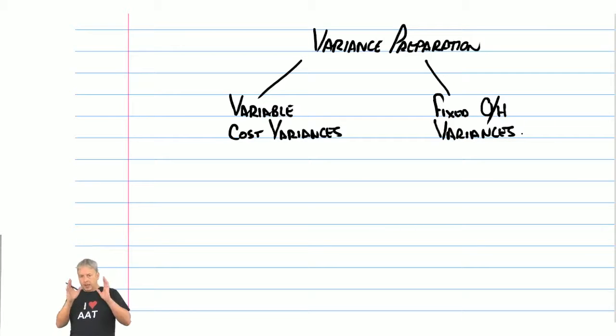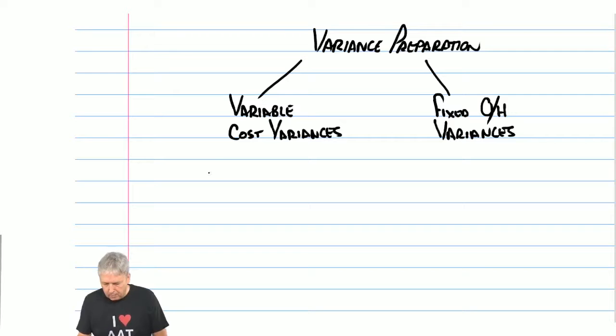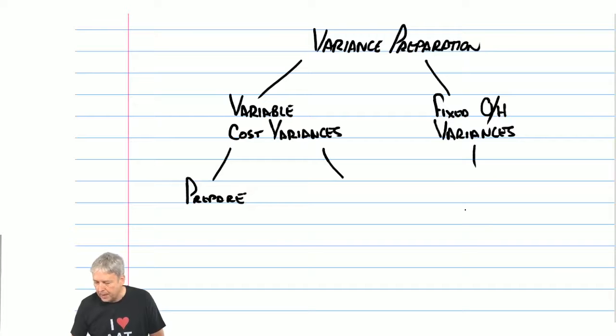Now, an interesting aspect of the variable cost variances is that first of all we have to prepare them, and of course we have to prepare the fixed overheads as well.